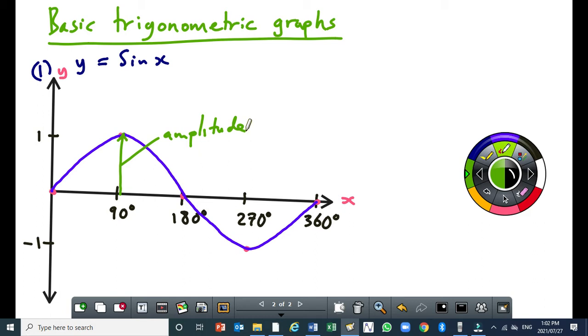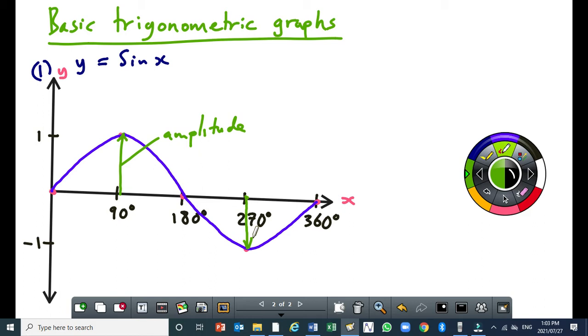This shape here is called a crest. So the amplitude is also the depth of a trough. This is called a trough. So the height of a crest or the depth of a trough is called the amplitude.